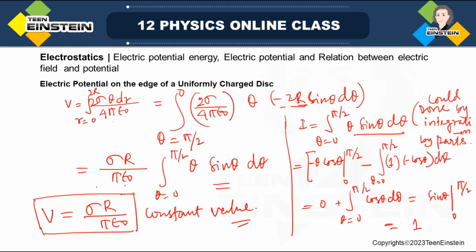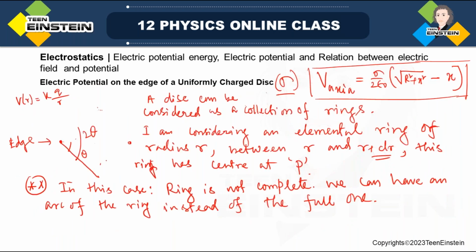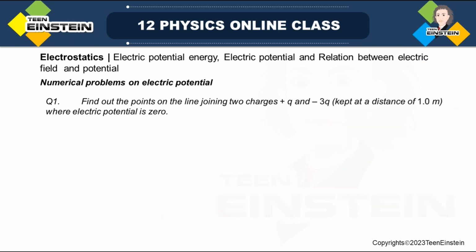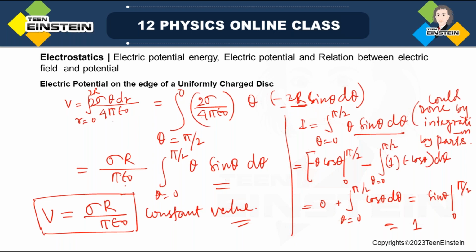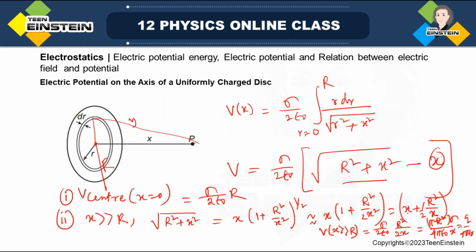If you remember the value at the center, where x is equal to 0, it was sigma r by 2 epsilon 0. Here it is sigma r by pi epsilon 0, so this value is actually less than the previous one. I'll write down the two outcomes together.